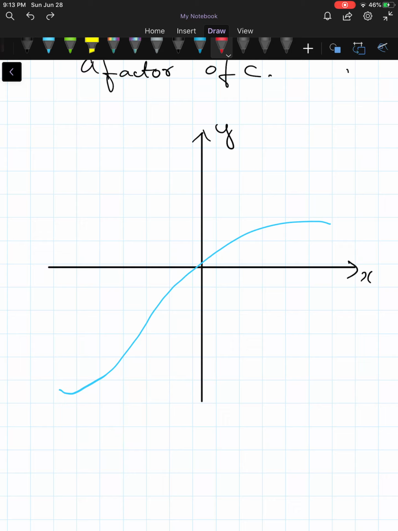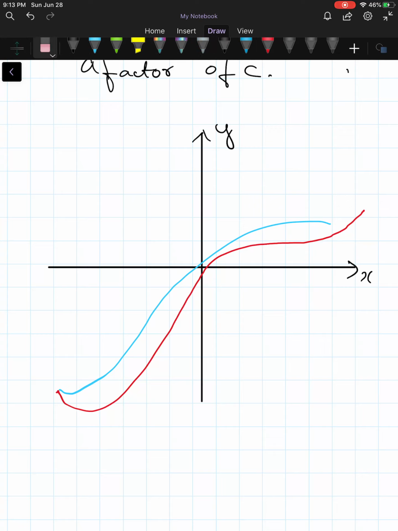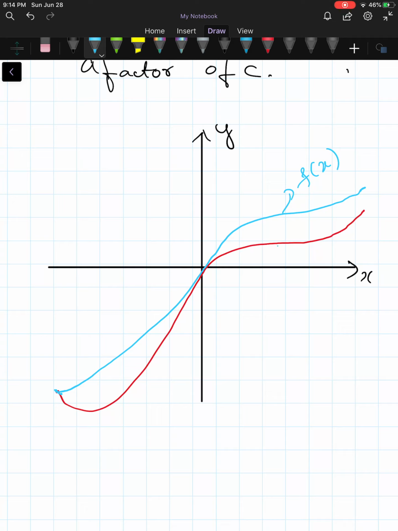Okay, so the original graph is in blue. This is f of x, and the stretched graph, that is c f of x, is in red.